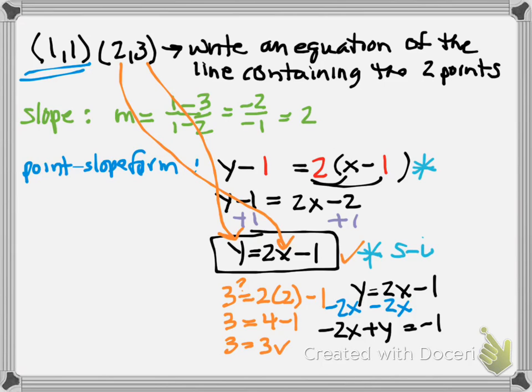We're going to divide, or say again? Multiply. So we can multiply everything, because it's equality, by -1. So if I multiply everything by -1, that gives me 2x minus y equals 1. So now what you have is your answer written in standard form.